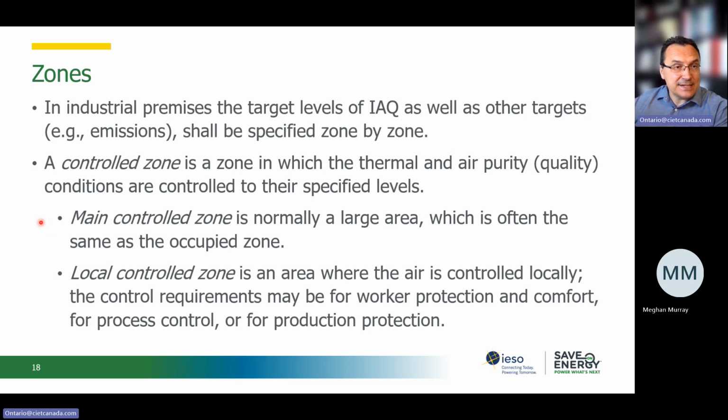We can have this defined as a large area in the facility. Therefore, we need to control those contaminants throughout the entire main control zone, or we can zone it in such a way that we have local control areas, zones, which will change, will modify depending on the source of contaminant for that particular zone.